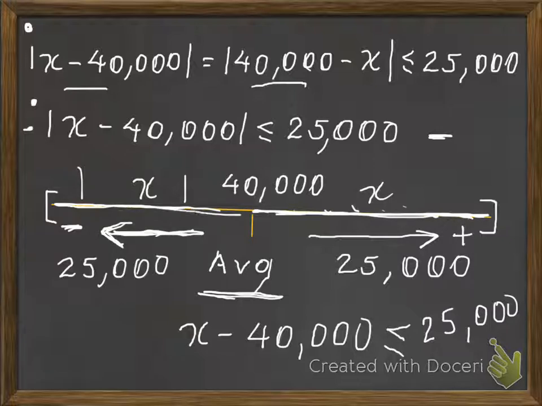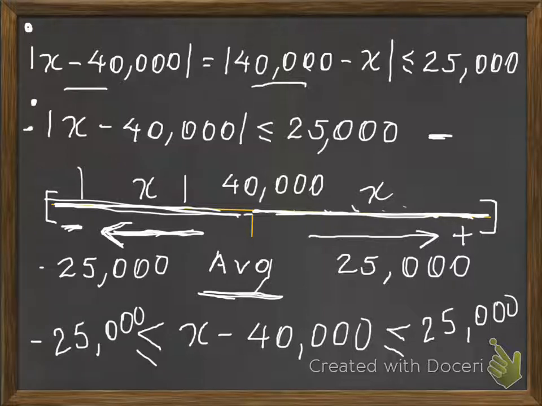Or this difference here could be greater than or equal to minus 25,000. So it could be a negative difference between average and actual, or it could be a positive difference between average and actual, but the average in relation to here is less than or equal to, and this average in relation to here is greater than or equal to.